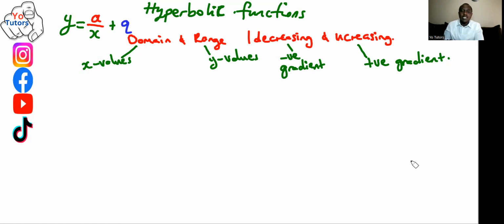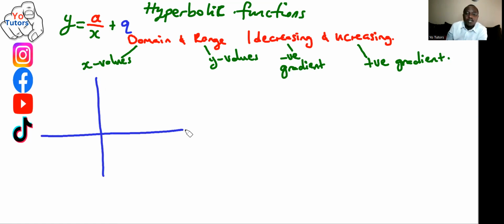But now let's understand, if we are to have an example of a graph, let's say this graph is like this. I'm going to draw the one with the positive and the one with the negative a. Let's draw another graph here.